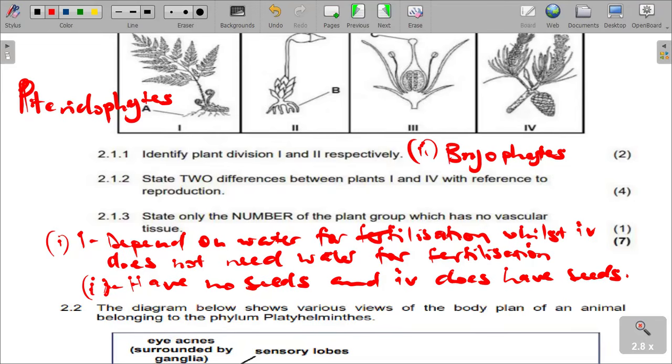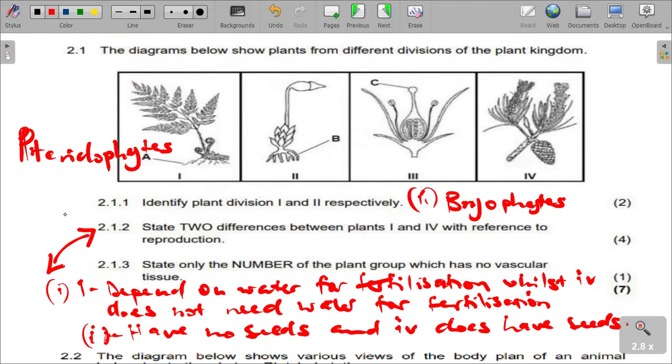These are the major differences that we can give with regards to question 1.2.